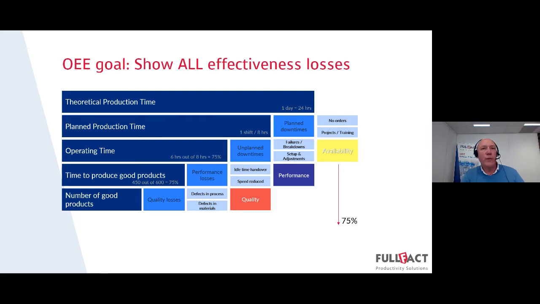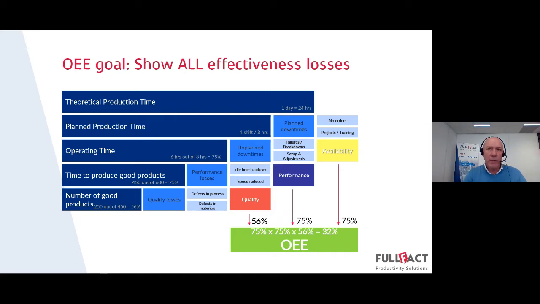You only produced 450, so your performance is also 75%. Then the maximum number of good products could have been 450, but you do have quality losses, and that results in a percentage of 250 pieces, meaning 56%. If you multiply those percentages, you get your OEE, and that's in this case 32.